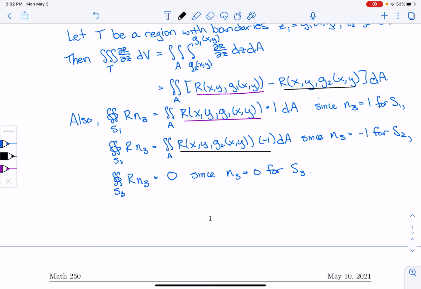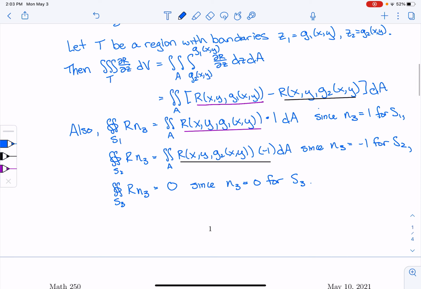And so I have actually shown that for this specific kind of region, the triple integral over T of dR/dz dV is in fact going to be the surface integral of R times n3.